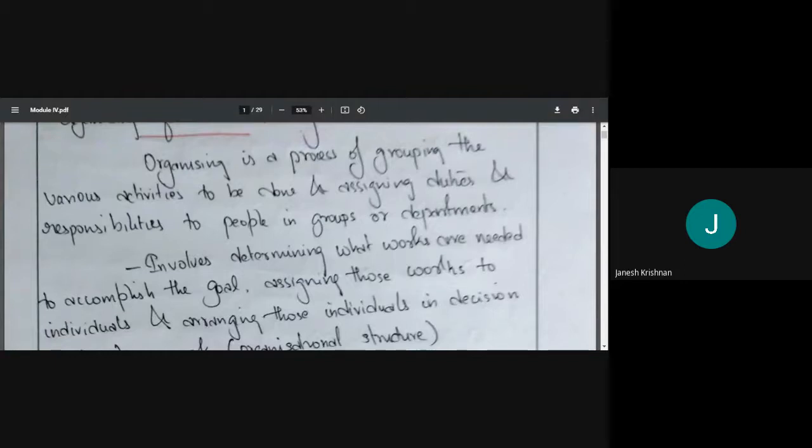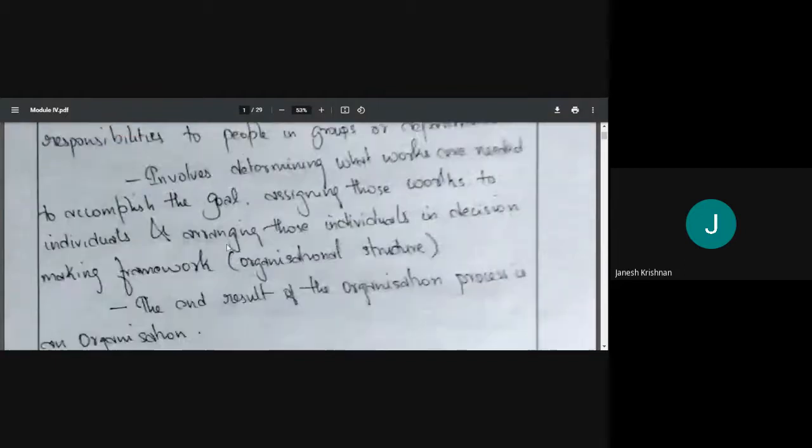Okay. So what does it involve? Determining what works are needed to accomplish the goal. Assigning those works to individuals and arranging those individuals in a decision-making framework. And that is known as organizational structure. So it involves determining what works are needed to accomplish the goal.